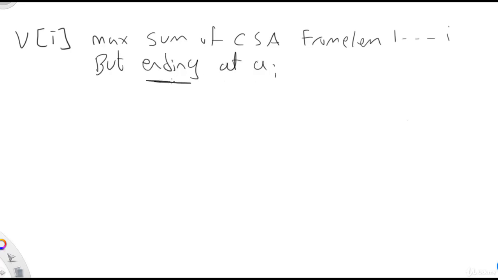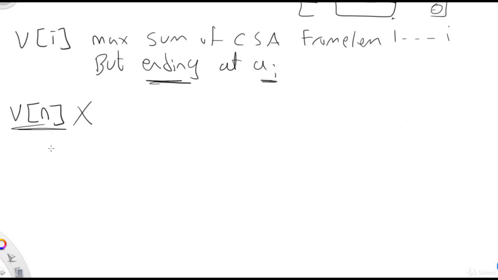I said it has to end at AI. But in the original problem, if I just return VN, then that means it's the maximum sum of the contiguous subarray ending at AN. What if the maximum subarray actually ends at A(N minus 1) or A(N minus 2)? What if it ends here and not here? So actually VN is not my answer.